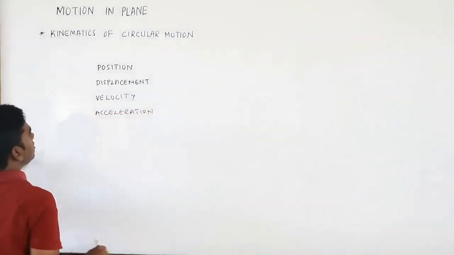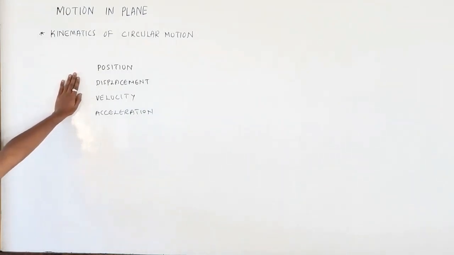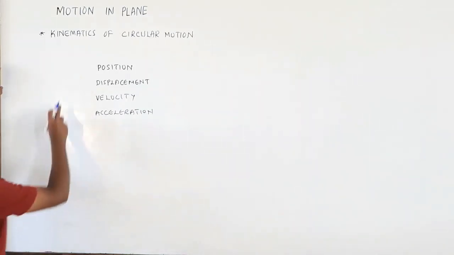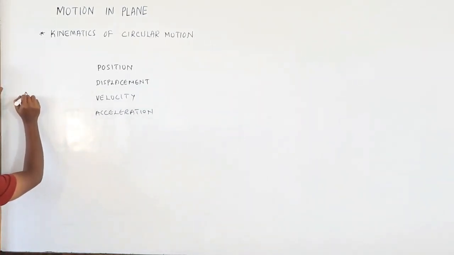So all these things we have discussed during the motion of an object. Okay, but it is a linear motion, not a circular motion. If you attach one word, that is what?